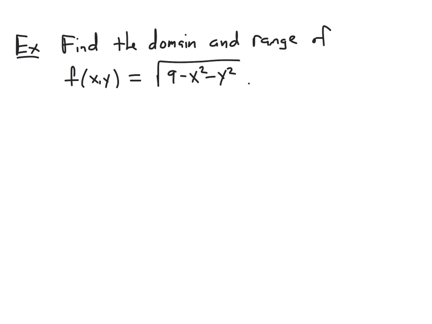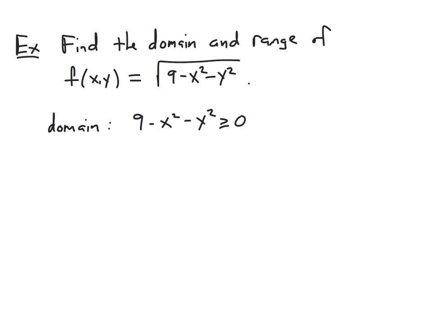So the domain, this looks a lot like what we did in the previous one. The issue here with the domain is that we have a square root, so we do need the quantity under the square root to be non-negative. So we need 9 minus x squared minus y squared to be greater than or equal to 0. So it can equal 0. So we want it to actually be non-negative, not positive.